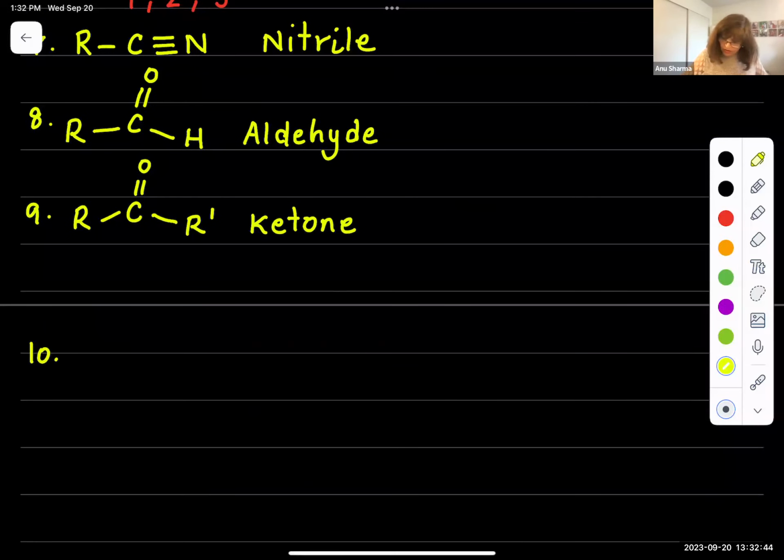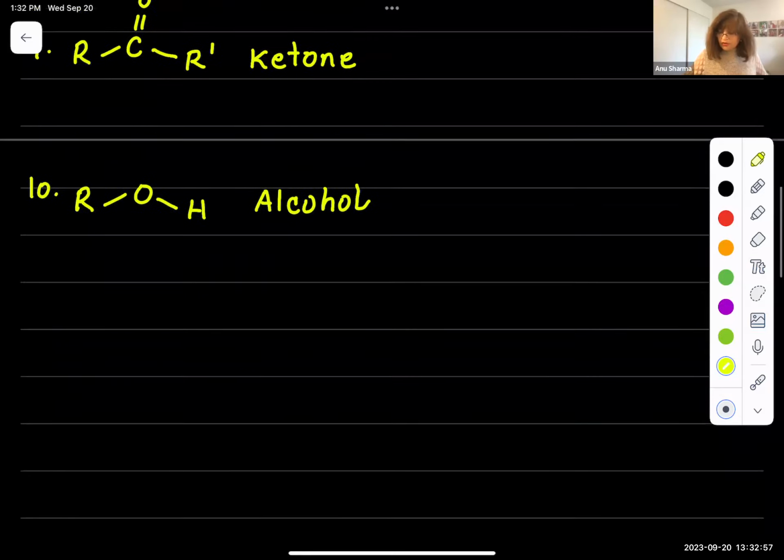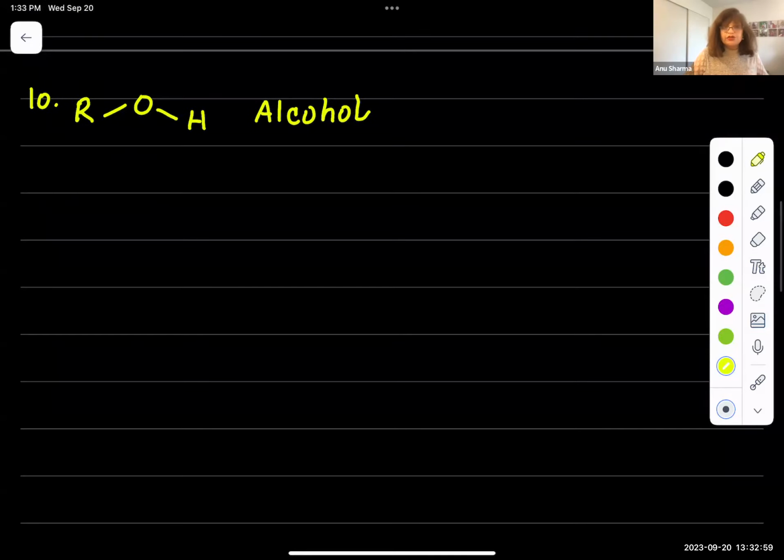Next is the 10th, the alcohol, and the alcohol is R, O, H, and that is the OH group. The OH group here is the alcohol. This is different from the NaOH group. Then comes the thiol.